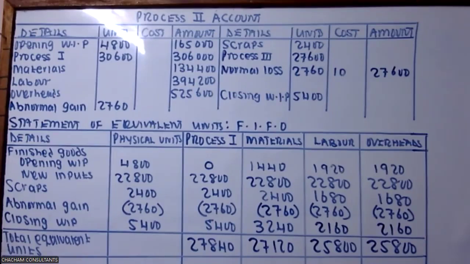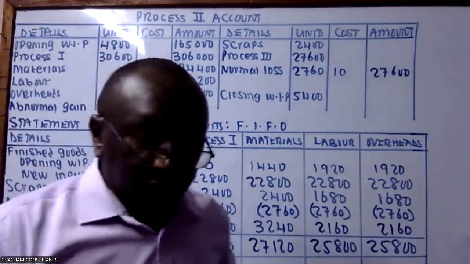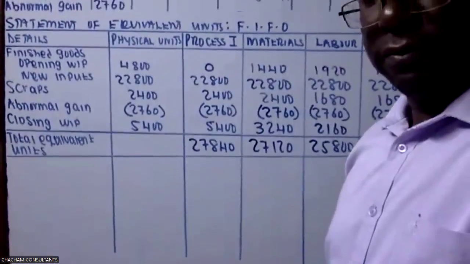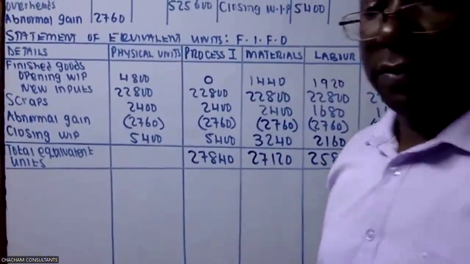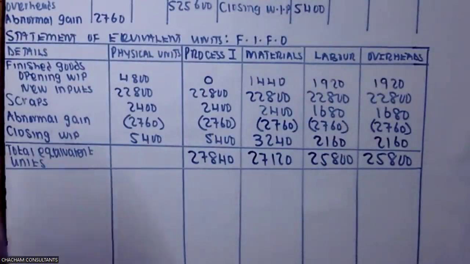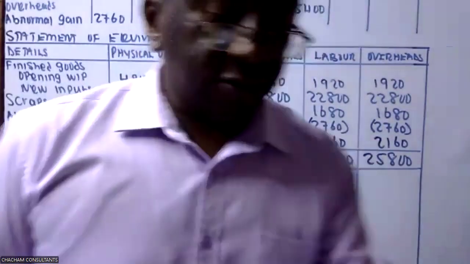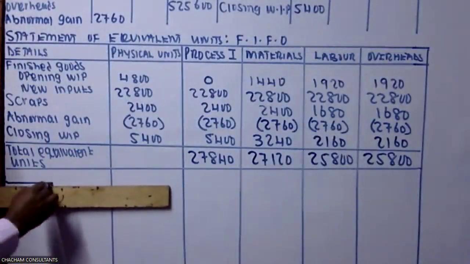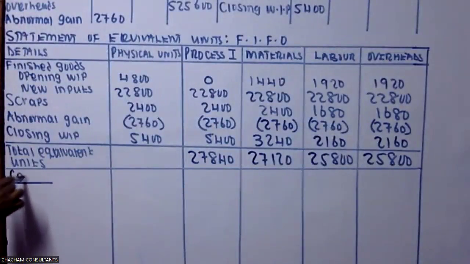So sasa hiyo ndio, ama kwanza tuendelee. We now bring the costs. So the costs, we have the previous period.